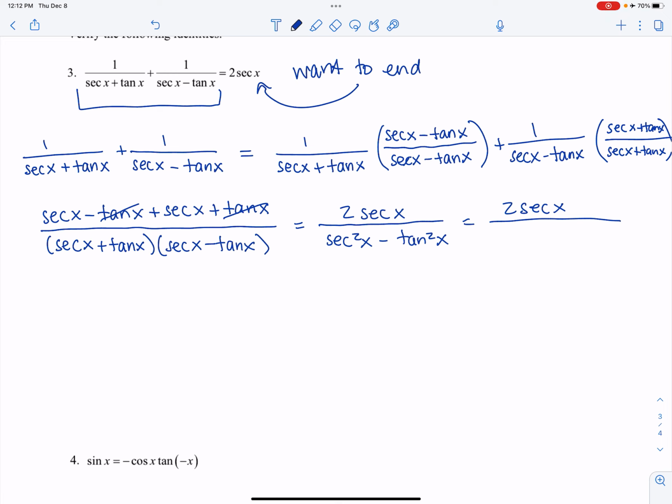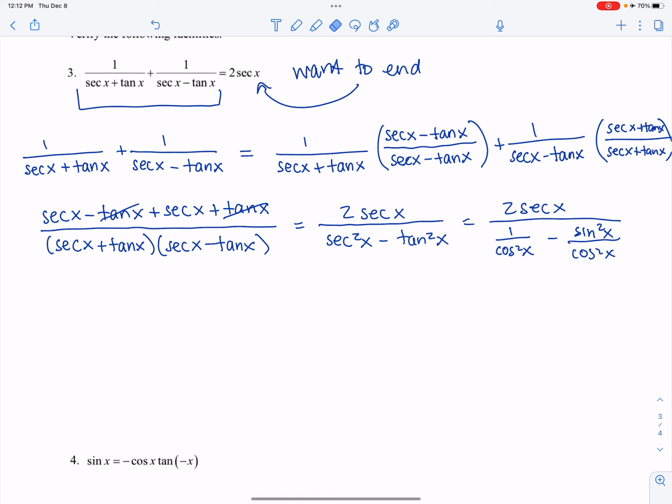Secant, I can rewrite as 1 over cosine. So secant squared is 1 over cosine squared, minus tangent is sine over cosine, so sine squared over cosine squared. And since they have a common denominator, we can subtract the numerators.